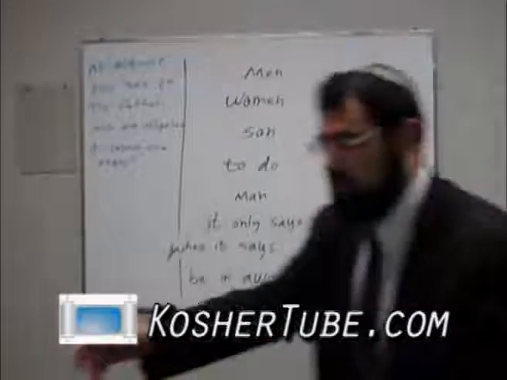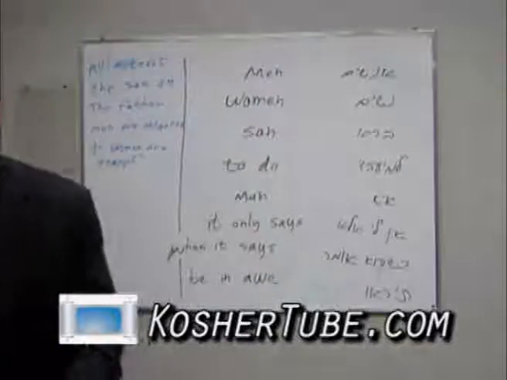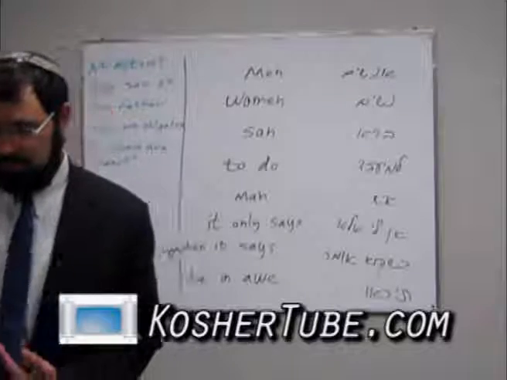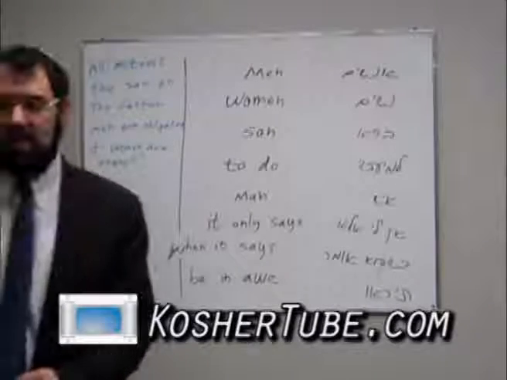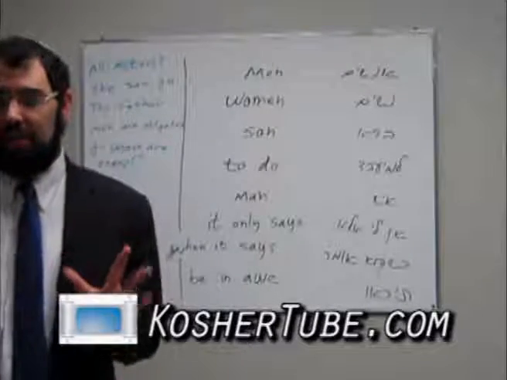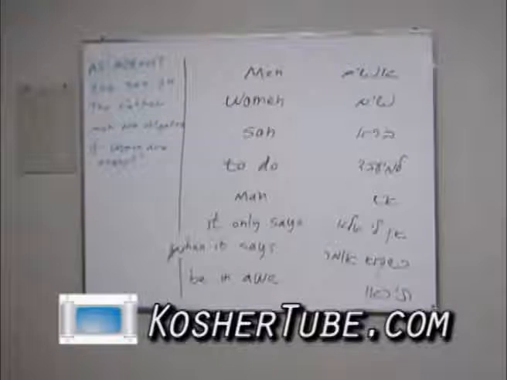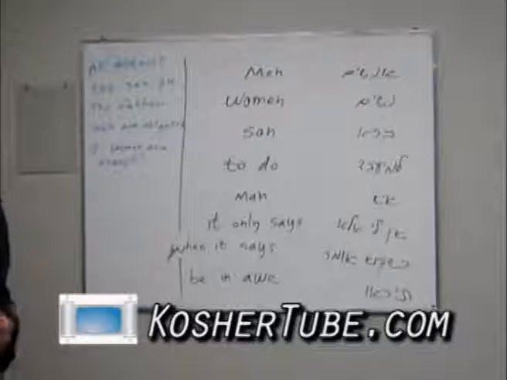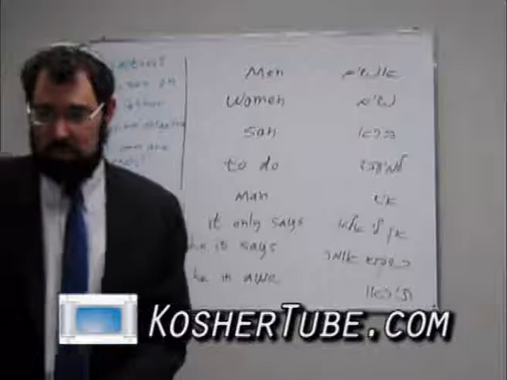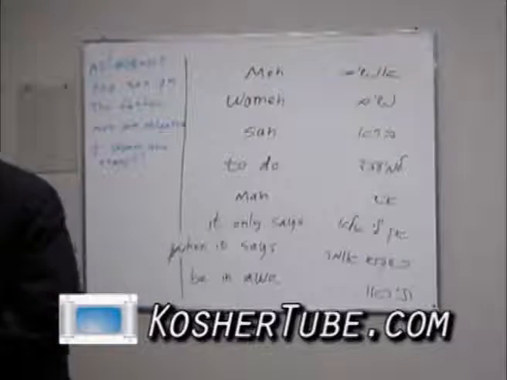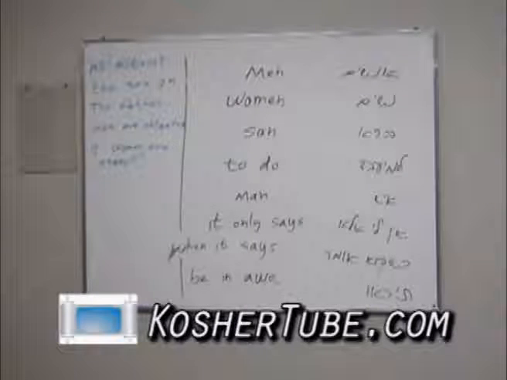Here, can you see how we have these two options that you can answer? Right now we're just trying to understand the entire question with all of its stages. What are all the mitzvot?